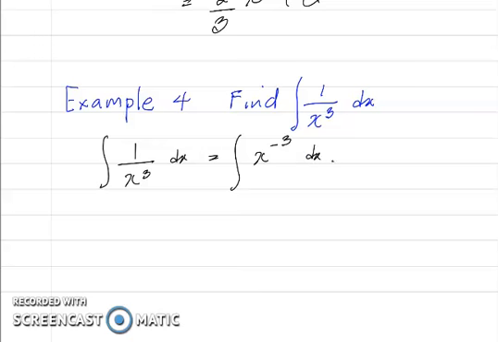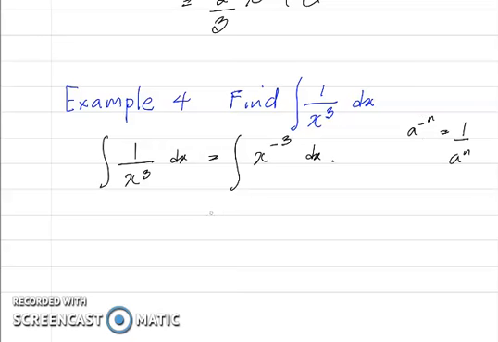Here we're simply applying our law of indices, which says that a to the minus n is equal to 1 over a to the n. That's the law of indices. So this is sort of a reverse application of that law. If the power is at the bottom and you want to bring it up, you have to change the power to negative.